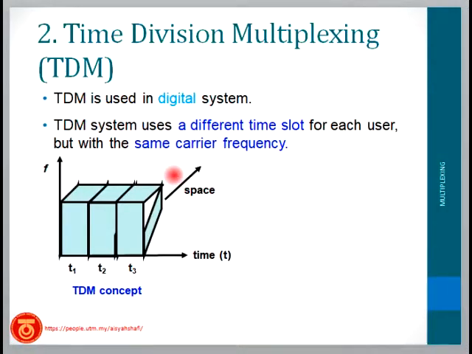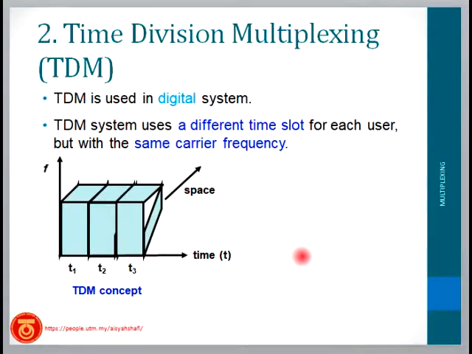Okay, the second method of multiplexing is time division multiplexing. Before this, in FDM the frequency of each signal is different, but for time division multiplexing, the time of the signal is different.